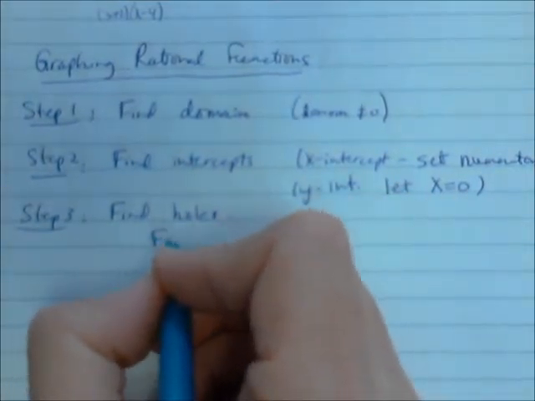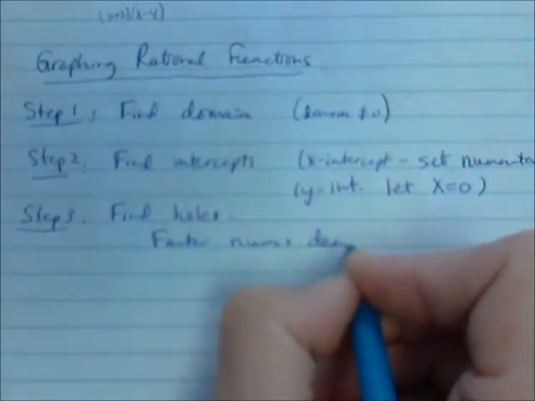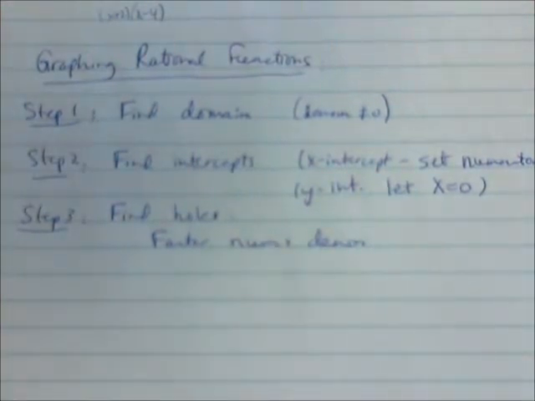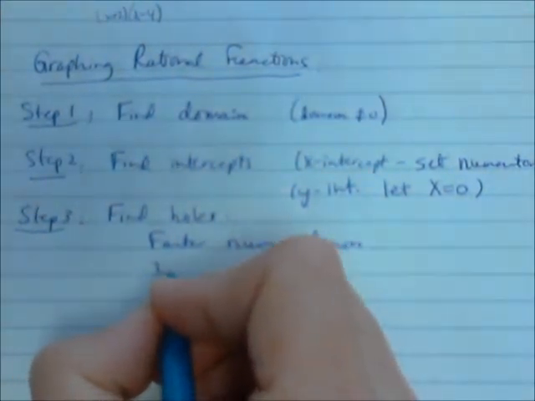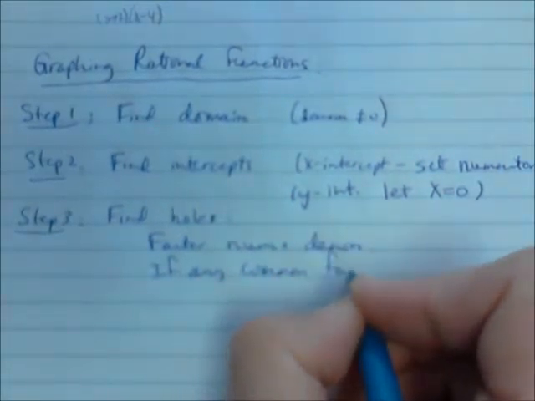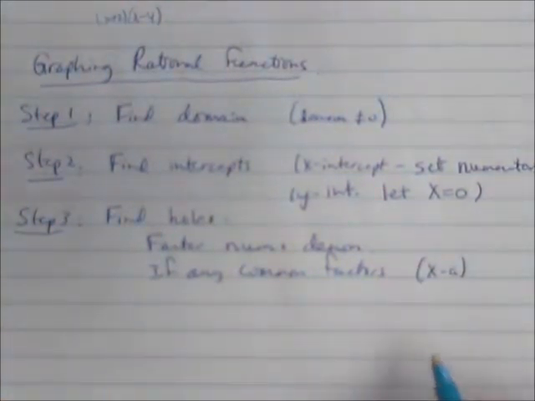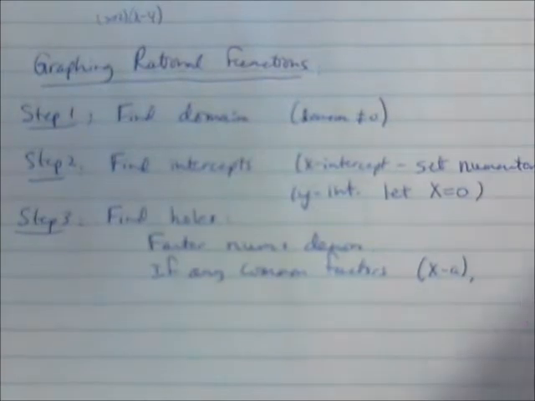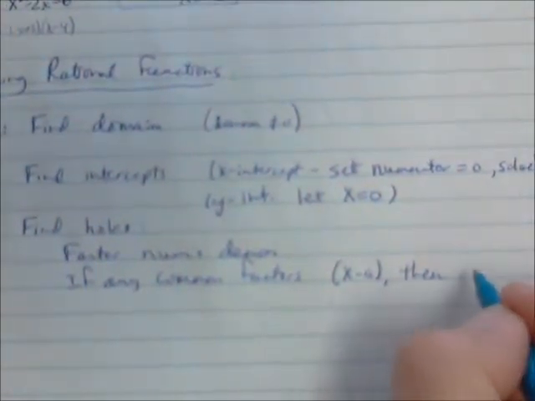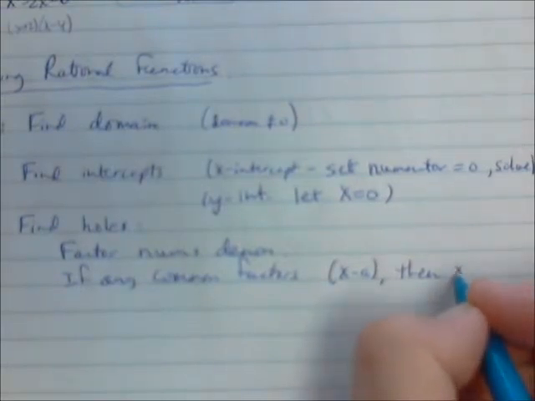You factor the numerator and denominator, and if there are any common factors in the form of x minus a, then x equals a is a hole in the graph. And I'll show you what that looks like in a few more examples. But the first few, we won't have any holes.